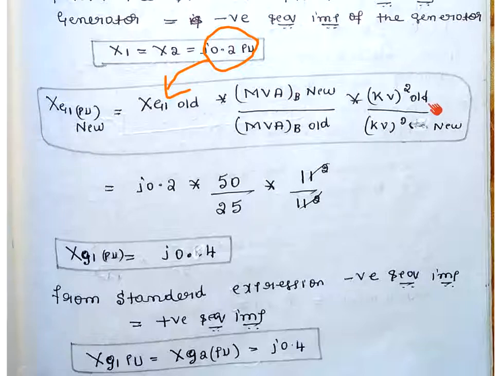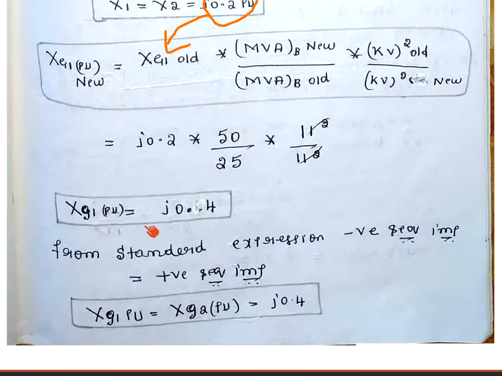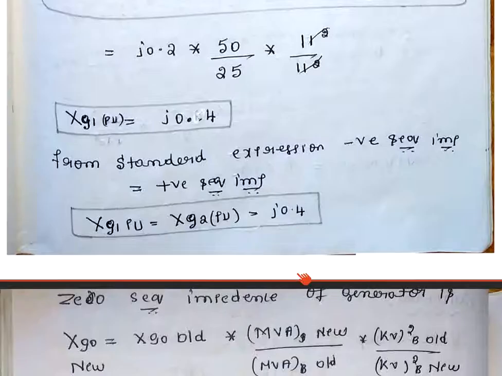The old kV is 11 and the new is also 11, so it is a square: KVB old whole square divided by KVB new square. You are well versed with this formula. So you will get Xg1 as 0.4. From the standard expression, as this is positive, it will be equal to the negative also. So Xg1 equals Xg2, that is 0.4.